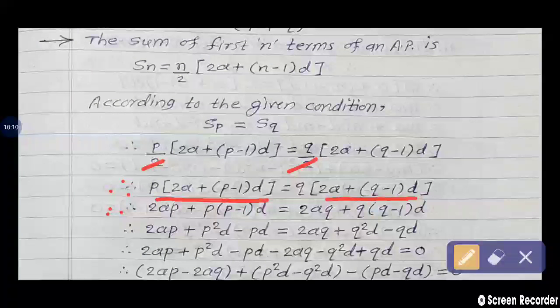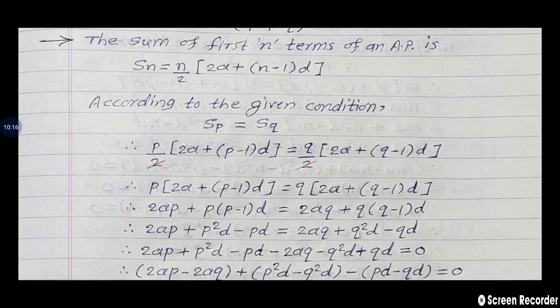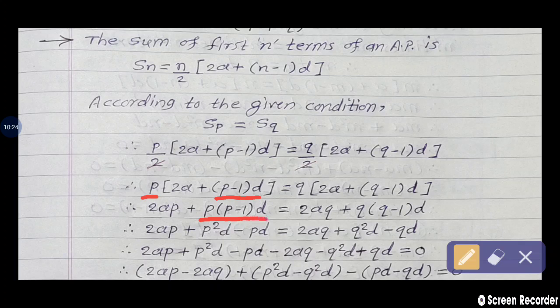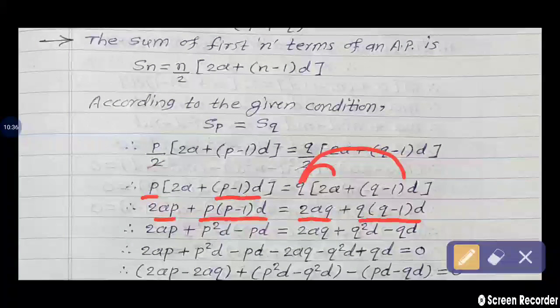So p multiplied by 2a means 2ap, plus p multiplied by the second term in the bracket, so p into (p minus 1) into d. So that is equal to q multiplied by 2a, means 2aq, and q multiplied by the second term, so q into (q minus 1) into d. All of you understood this step?